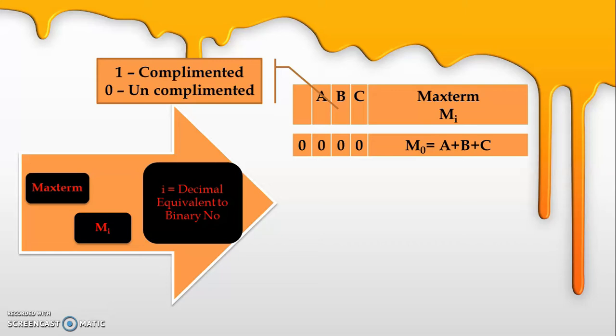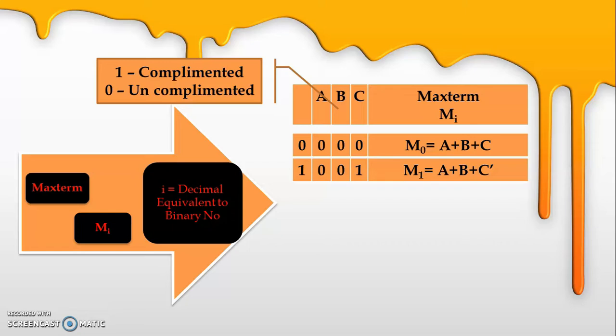All input variables are zero, so all literals will be uncomplemented, and we prepare the sum term: a plus b plus c. Now 0 0 1, that is M1. For 0 0 we have uncomplemented literals, a plus b, and for 1 we take c bar. So it is a plus b plus c bar.